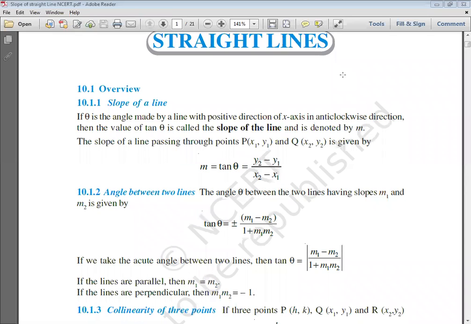How inclined with the y-axis, not. How inclined a line is with the x-axis. So in the coordinate plane, we always consider the x-axis and y-axis, a set of axes which are mutually perpendicular, and their point of intersection we call the origin. From the origin towards the right horizontally, that is the positive direction of the x-axis, and from the origin towards the left we always consider the negative direction of the x-axis.